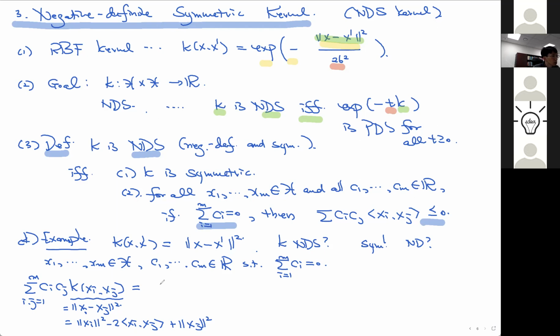Using this identity, we unpack and distribute the sum, and organize it in an appropriate way. Here's what you get. All the indices go from 1 to m.